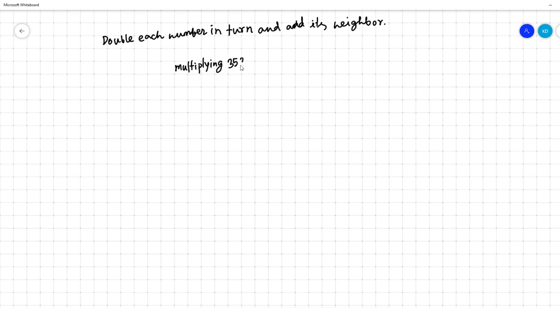Multiplying 3524 by 12. So let's start solving this one. Here put 0, which is no value, then 3524, and underneath this is 12. So this is our first step.